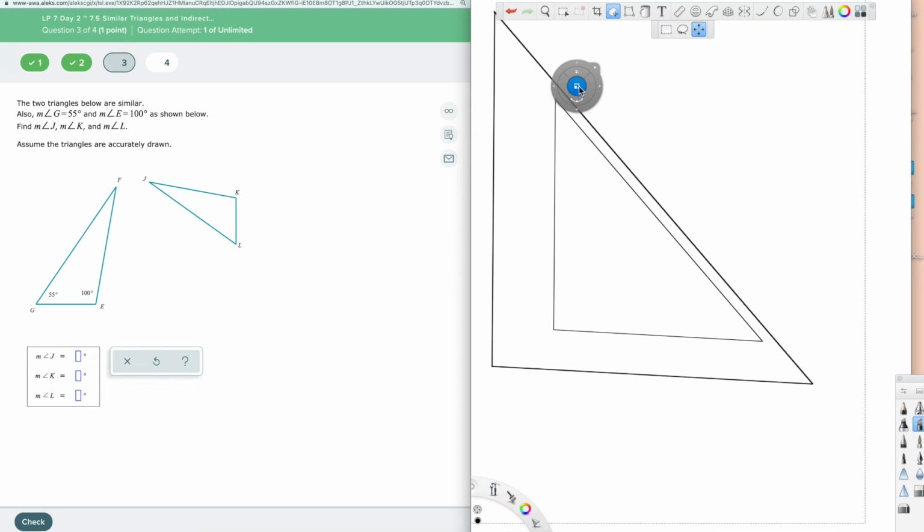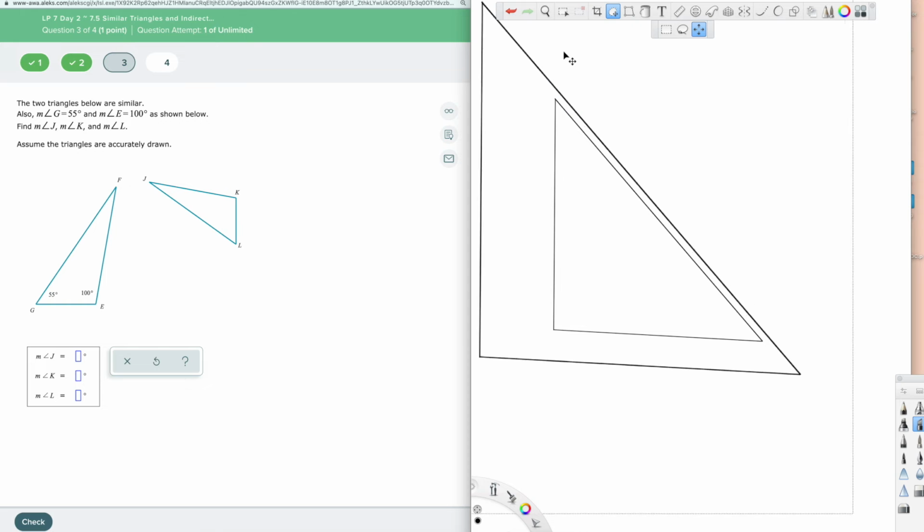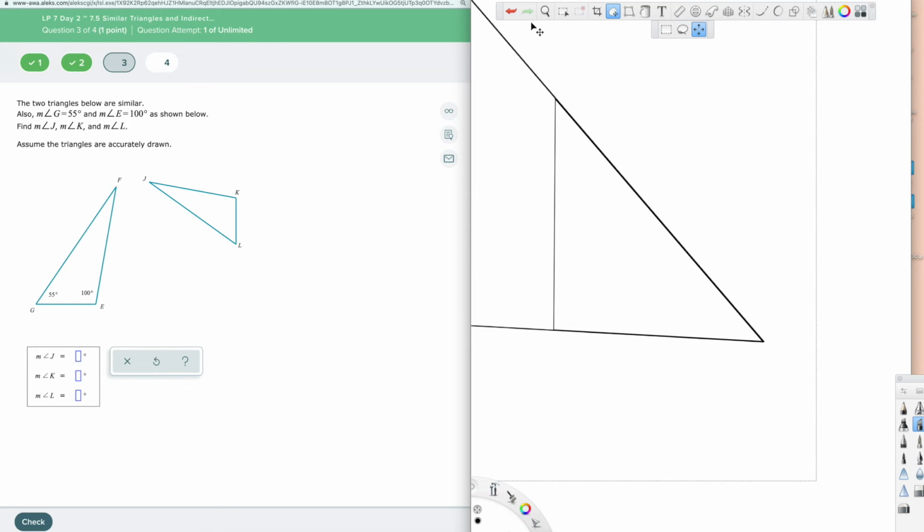The reason I'm doing this is I'm dilating this triangle. I haven't changed the shape though. I'm just making it bigger. Overall, all the sides are growing at the same rate. And if I take this and line it back up, boom. Do you notice how those are the same down here? These angles, and I know that little thing is in my way. If I close it, then I can't edit this anymore.